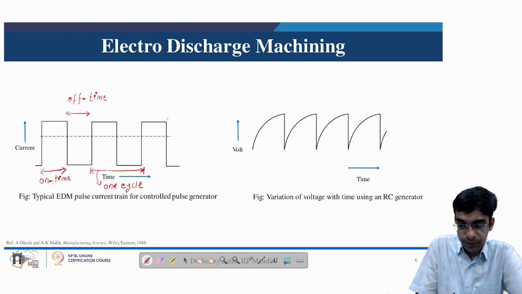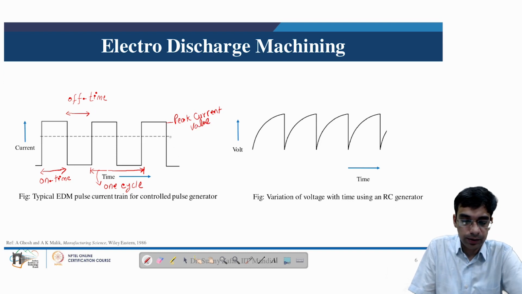This value of current is known as the peak current value, and this dotted line shows the average current value.